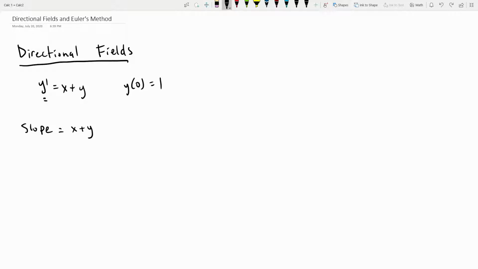So we can think of y prime as equal to a function of both x and y, and this function yields the slope at that coordinate pair x, y. If we were to sketch multiple little line segments using this formula, we would end up getting a directional field or a slope field.